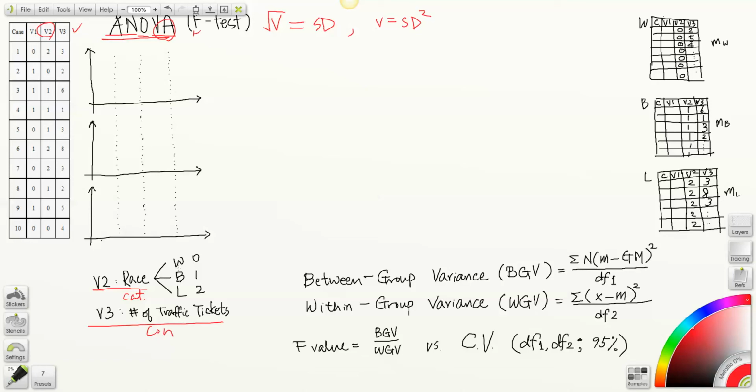And for the sake of easier illustration and understanding, I'm going to use only three values or categories of this categorical variable. So white, black, Latino are here. And again, you're going to have to numerically code these values. So I'm going to use 0, 1, and 2. And look at here.